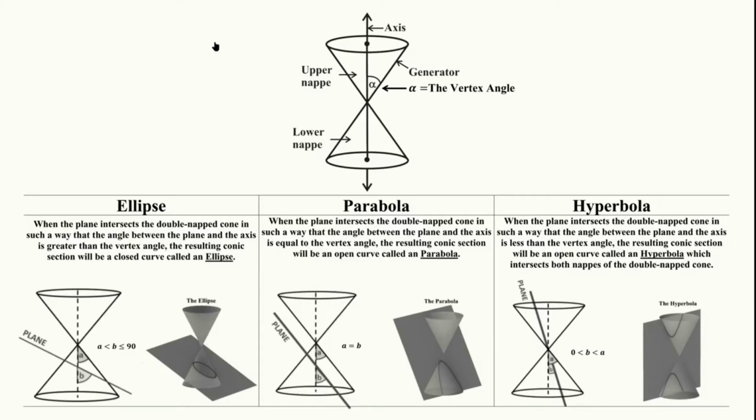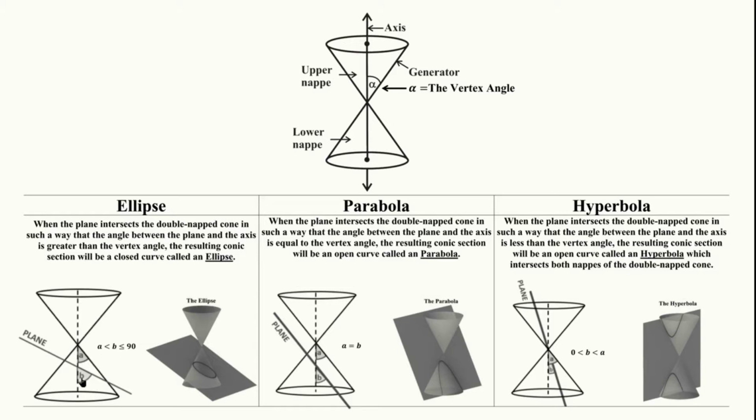If you recall from our last lecture, when you slice a double-napped cone with a plane, then depending on the angle of the slice, you get one of these three main types of non-degenerate conic sections, and of course the three degenerate ones which we've talked about before.